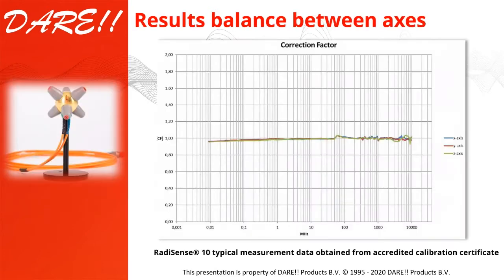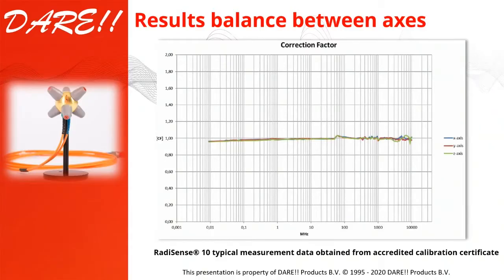If you look at some results, this is a graph from a certificate of our RadiSense 10. The RadiSense 10 is the latest field probe that we have developed, which has 6 antenna elements. In the graph, you can see that over the complete frequency response of the probe, the three measurements, so X, Y, Z measurements, are really on top of each other.